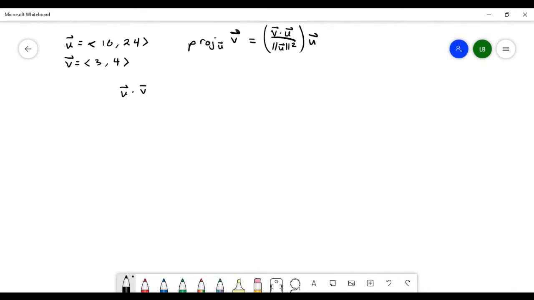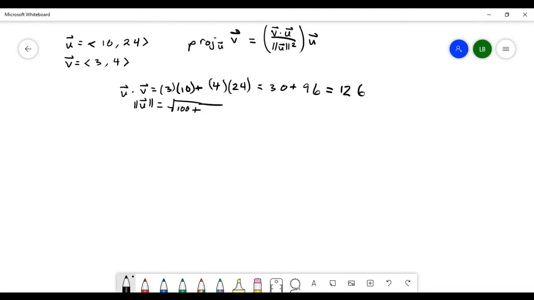And u dotted with v is going to be 3 times 10 plus 4 times 24. That gives us 30 plus 96, which is 126. And the magnitude of u is equal to the square root of 100 plus, oh dear, what's 24 squared? 576, which is equal to the square root of 676, which is equal to 26.